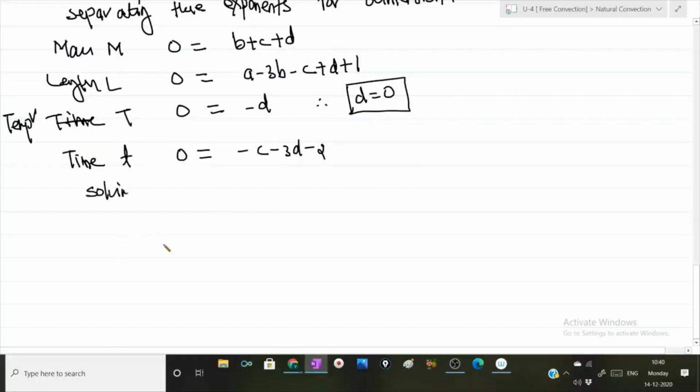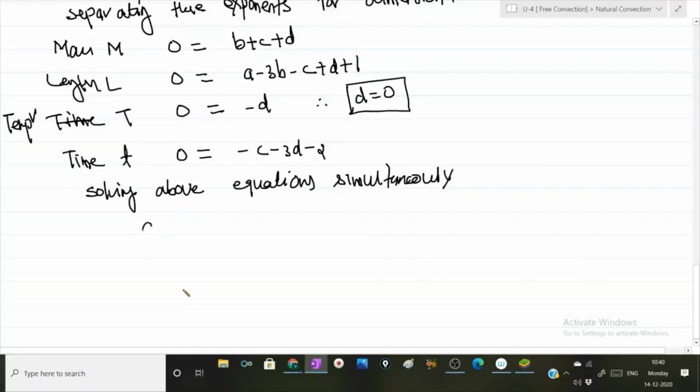Solving the above equations simultaneously, they are nothing but simple linear equations. So what will I get? I will get d is equal to 0. I will get c is equal to minus 2.